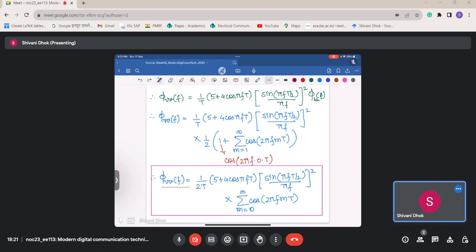Okay, this is the final answer that we wanted to find out. This is the phi V of f, which is the PSD.